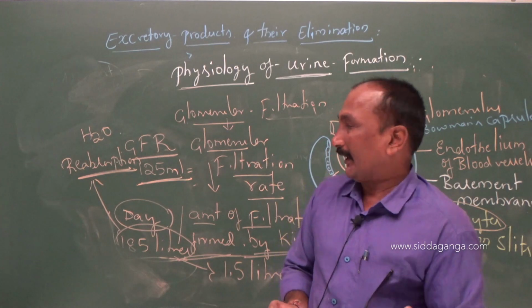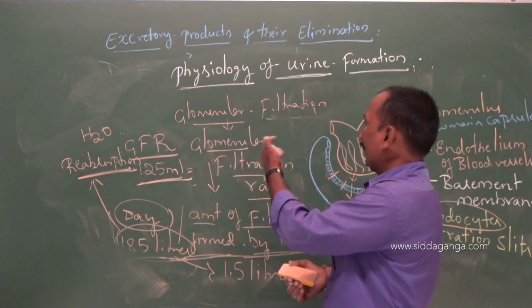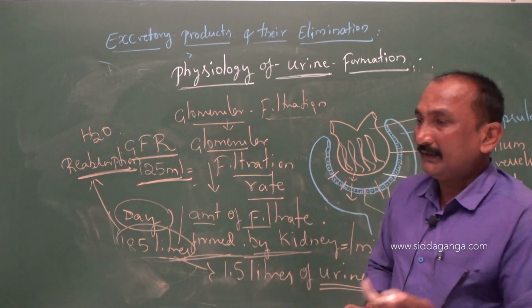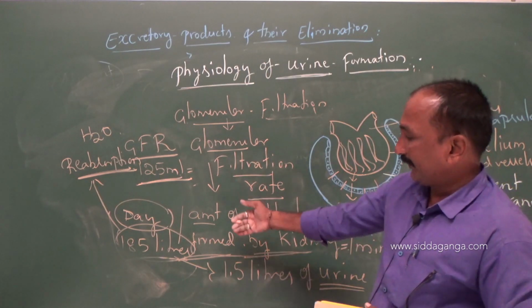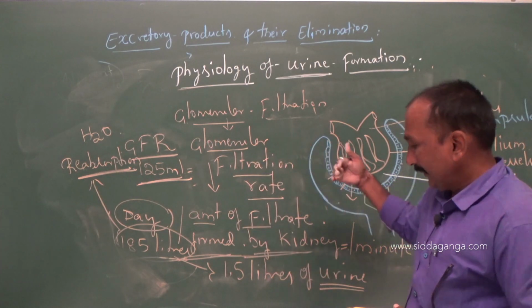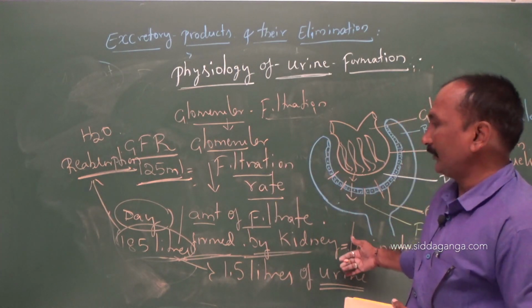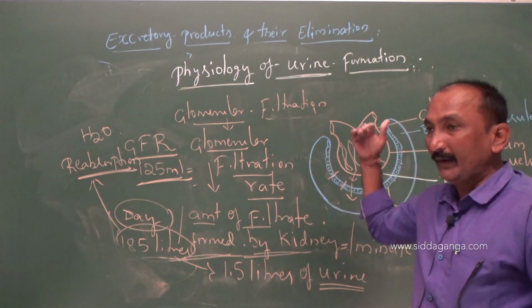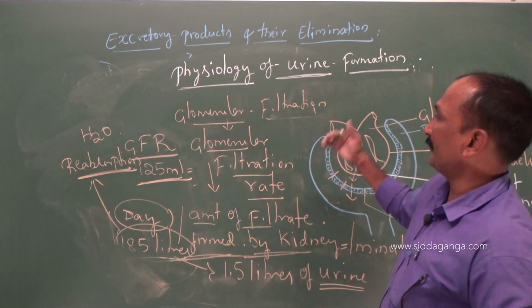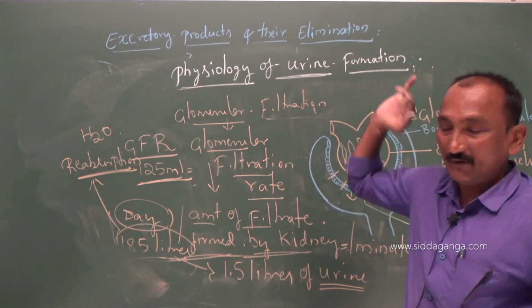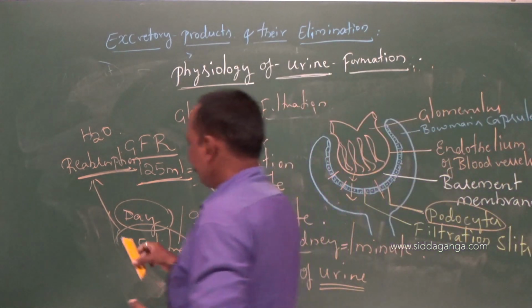That is the next step: first glomerular filtration, then tubular reabsorption. The conversion is mainly due to tubular reabsorption, which is the second step of urine formation.